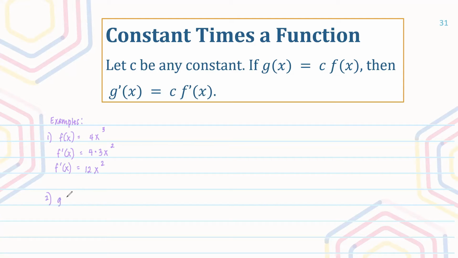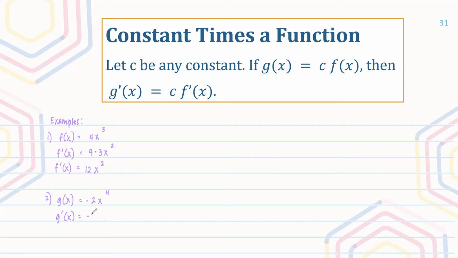Let's have example 2. We have here g of x is equal to negative 2x raised to 4. Okay, here our constant in this function is negative 2.